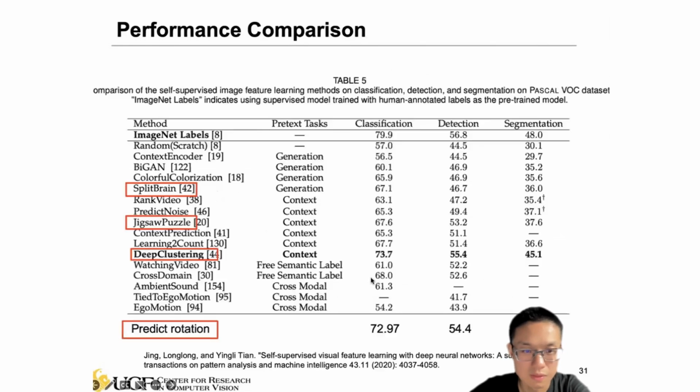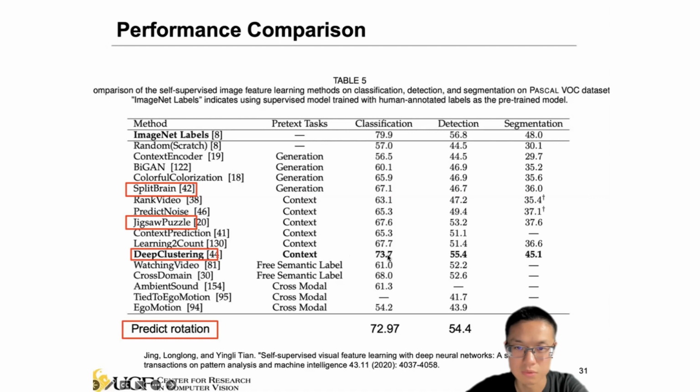So here are some of the results, a comparison of different approaches. Split-brain is the colorization, and there is the jigsaw puzzle, and this deep clustering, which we talked about in the previous slides, and also predicting the rotation. Here, deep clustering performs pretty well as compared to the other different pretext tasks.